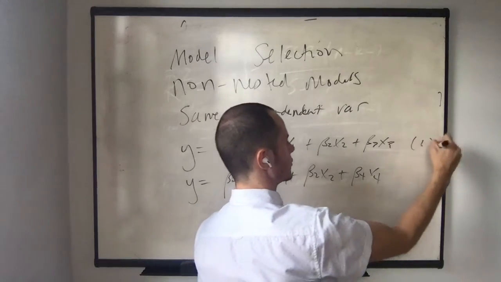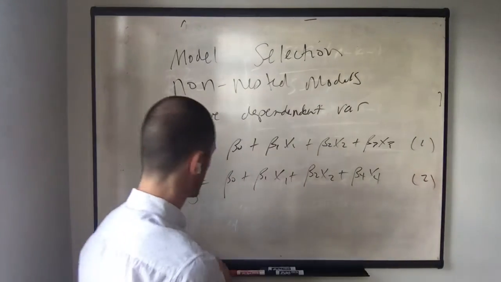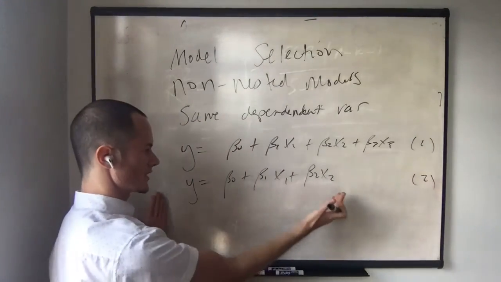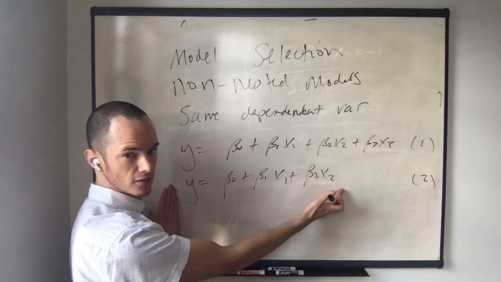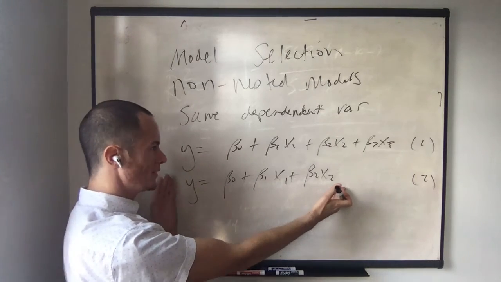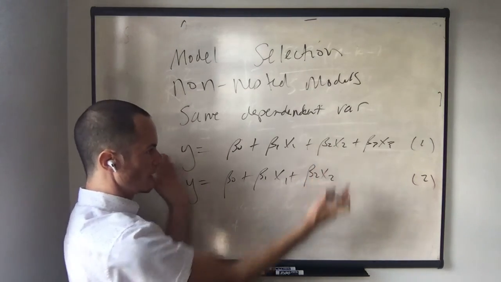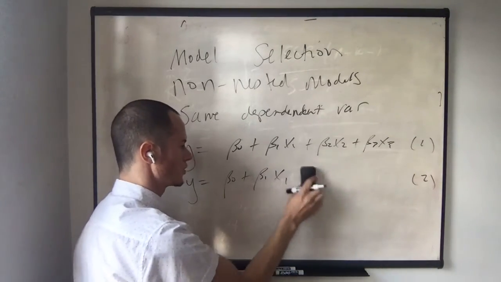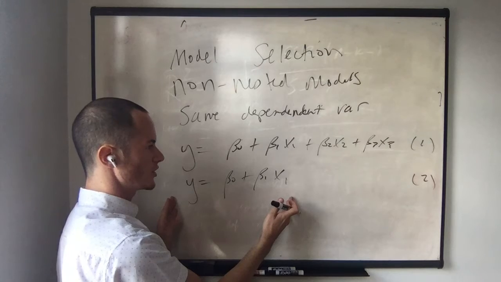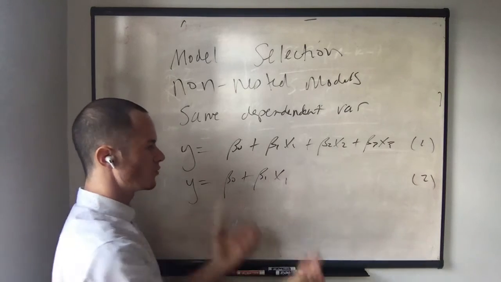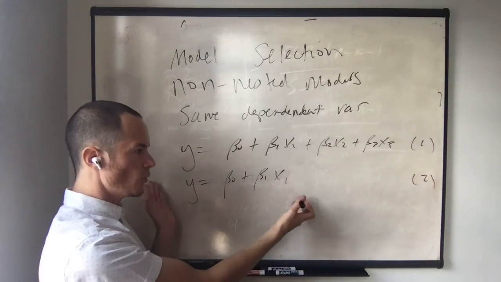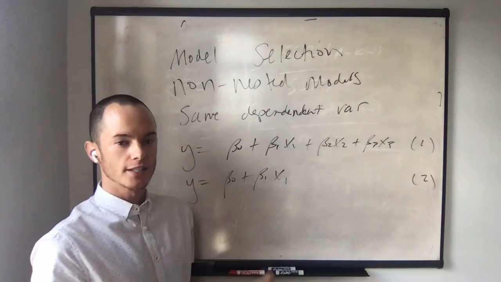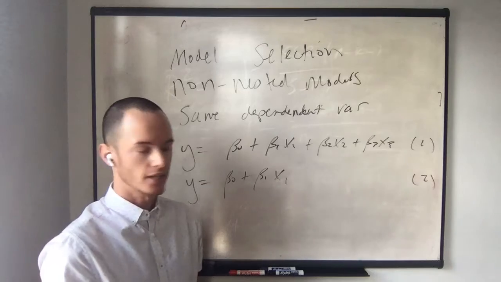Let's write this as equation 1, this is equation 2. If equation 2 were just this, then equation 2 would be contained within equation 1, and we could use a t-test. If equation 2 were just this, equation 2 would be contained within equation 1, and we could use an f-test. When one equation is contained within another, then the model is nested, and then you can use an f-test.